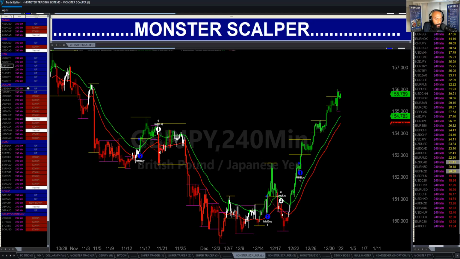All of these pairs here are in groups: the Aussie, the Kiwi pair, the yen pairs, the dollar pairs, the euro pairs and the pound pairs. When we see all of the pairs moving to the upside, either short or up, that's going to give us a lot of confirmation that we're in the right group of pairs.